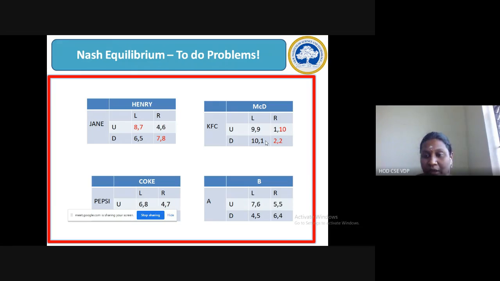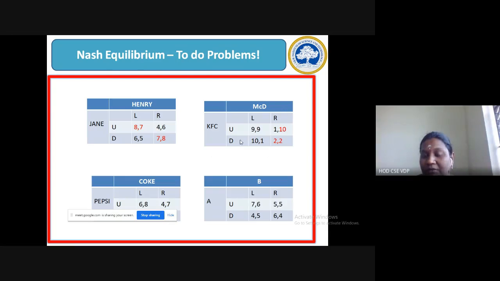When you have a payoff matrix, at the end of the problem you should be in a position to say whether you have, here you're not going to talk about saddle points, you're going to talk about something called Nash equilibrium. So what is Nash equilibrium? Whether the strategies played by both the players, player A and player B, have any equilibrium points, whether that strategy is good or bad.